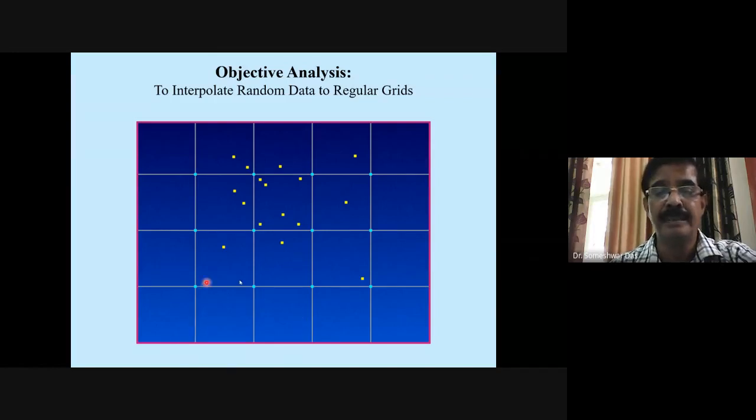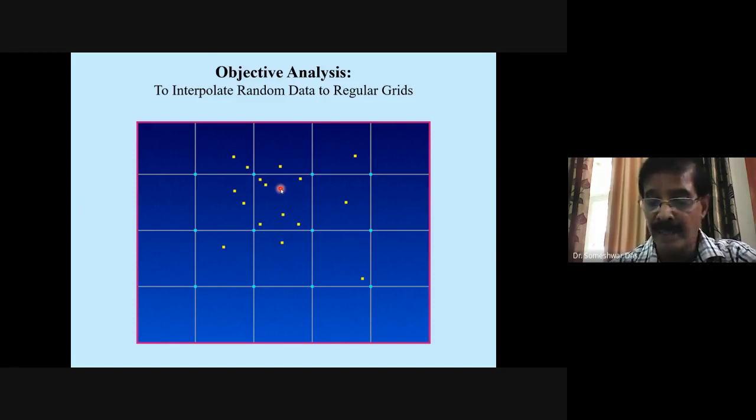Because there is hardly any observation here, unless you consider the radius of a scan quite long, like 500 kilometer, 1000 kilometer, these points will not get modified much, right? But the points where we have plenty of observation nearby will be influenced a lot by the observation, and that's what we want. We want the first guess to be as close to the observation as possible, right? That's the interest.